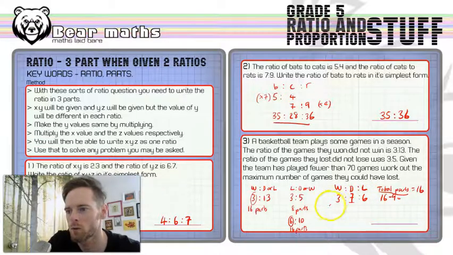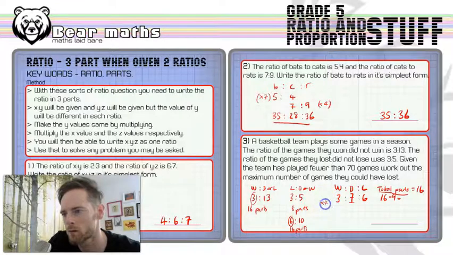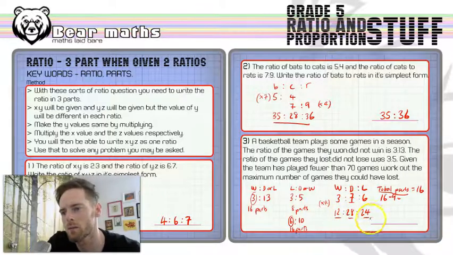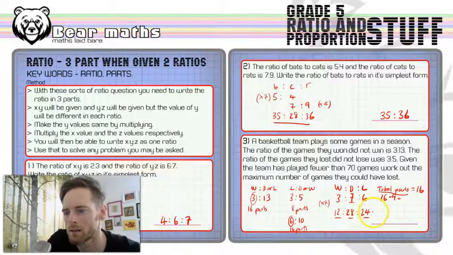So if we multiply each of these numbers by 4, we're going to get 12, we're going to get 28, and we're going to get 24. Okay, those numbers will add up to 64, I would hope, I think, yes they do. Right, so those numbers add up to 64. That's the maximum amount of games that they could have played that's fewer than 70, right?